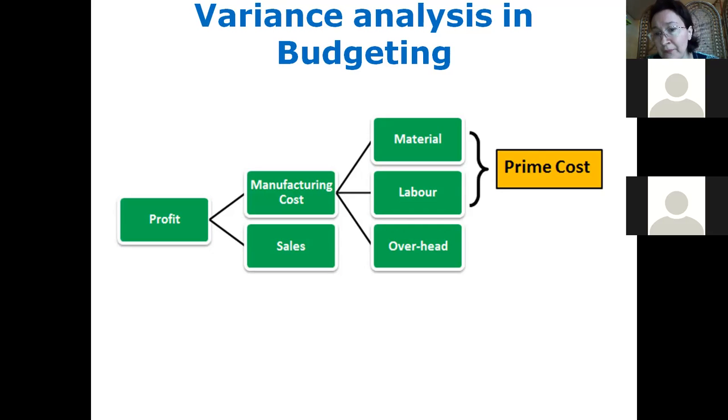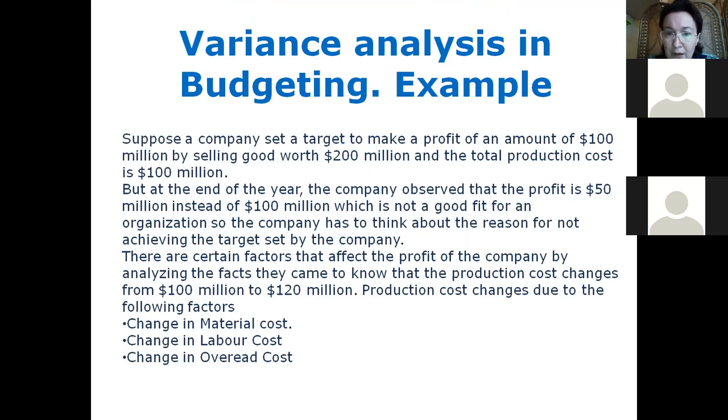So material and labor costs are the base for prime costs, and using the following case, let's try to understand the factors that influence the variance in budgeting, variance in costs.